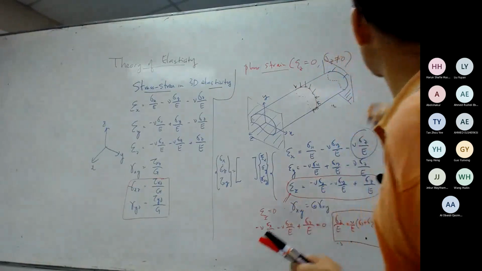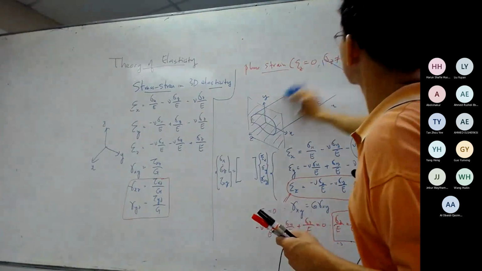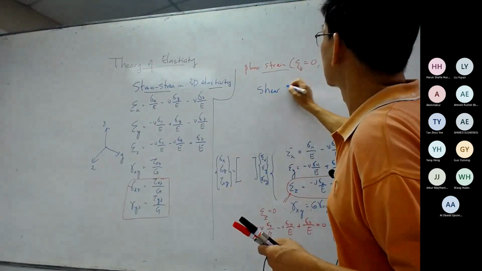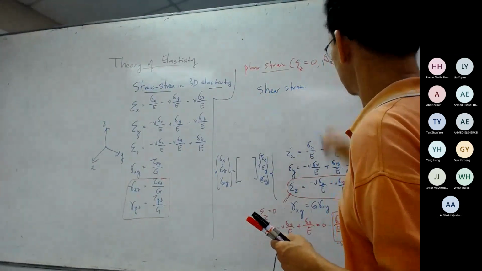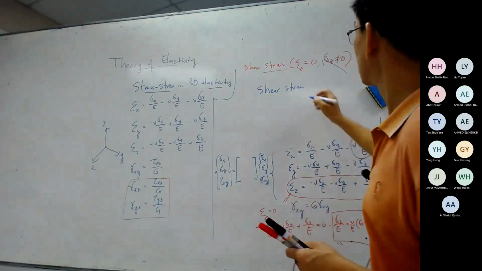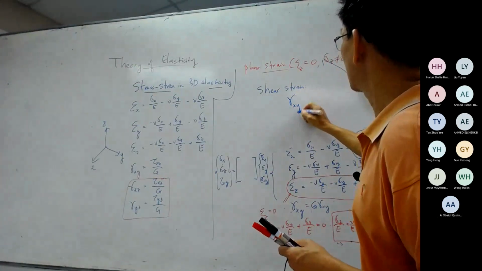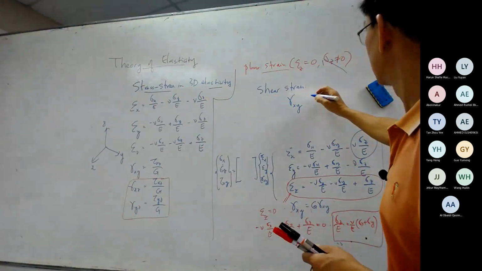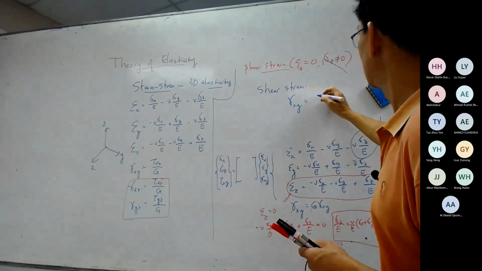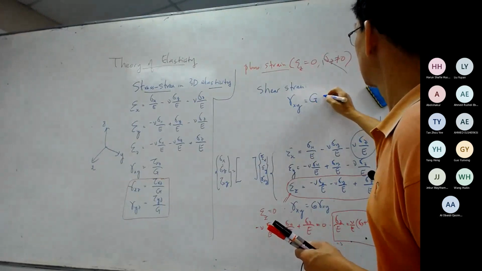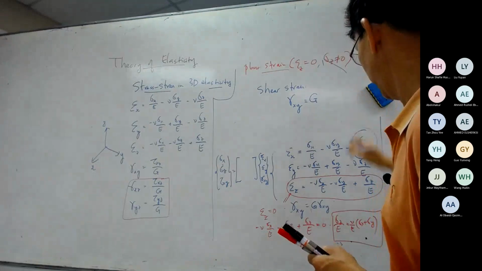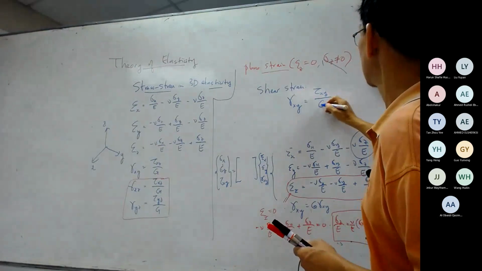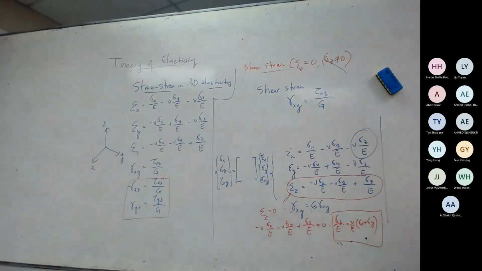The shear strain that we are interested to solve for is gamma xy. Gamma xy is shear strain. It is just the shear stress divided by G. So this is how we write the shear strain.